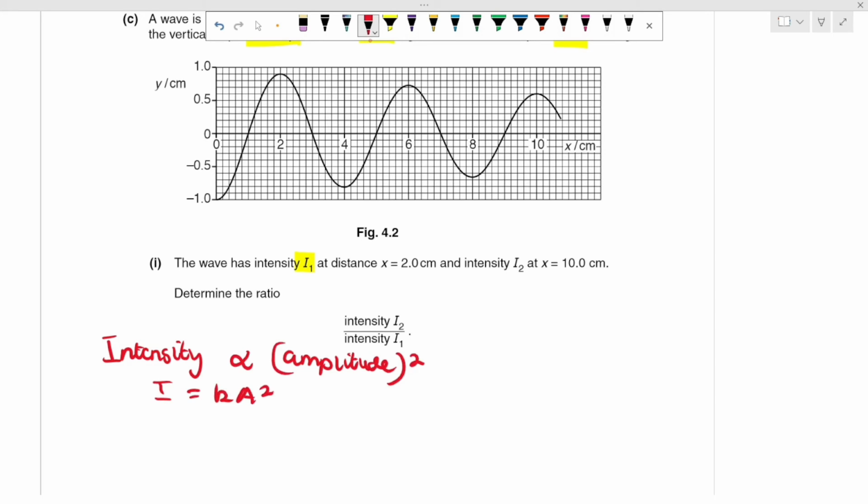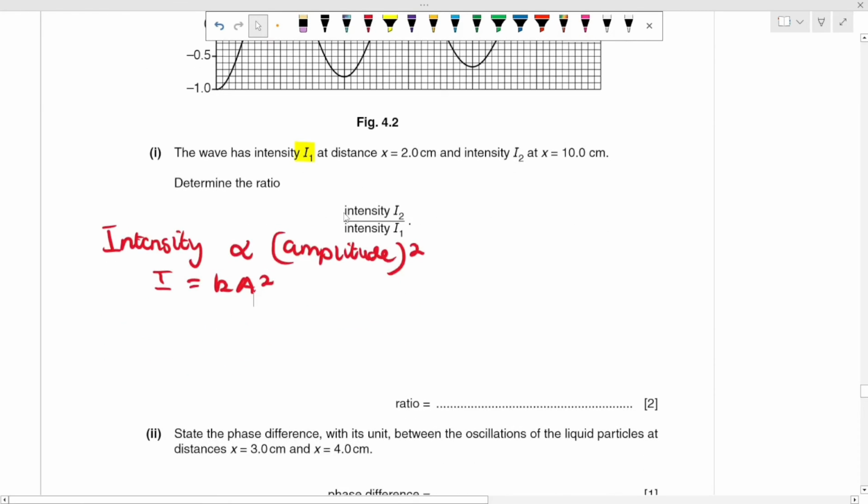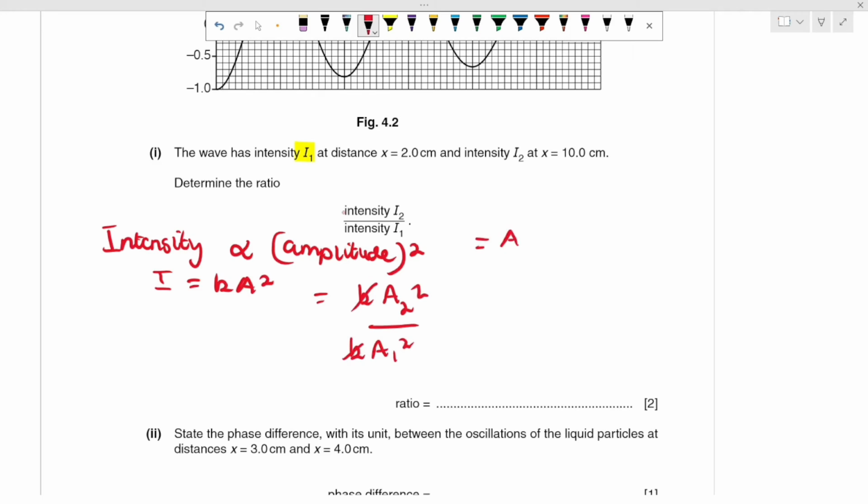If you're given a specific amplitude, your intensity will be directly proportional to that amplitude squared. Make sense? So for me to find intensity I2, it will be k a2 squared. For intensity I1, it will be k a1 squared. These constants cancel each other out, so you're left with a2 squared divided by a1 squared.